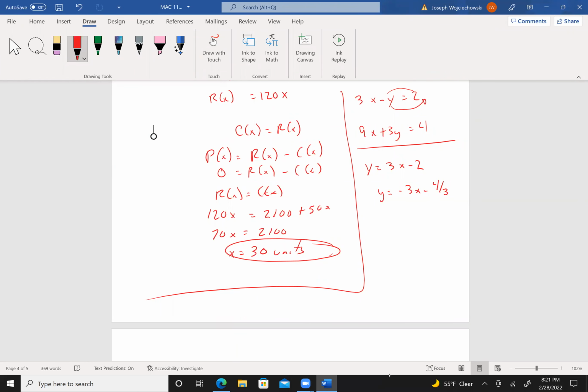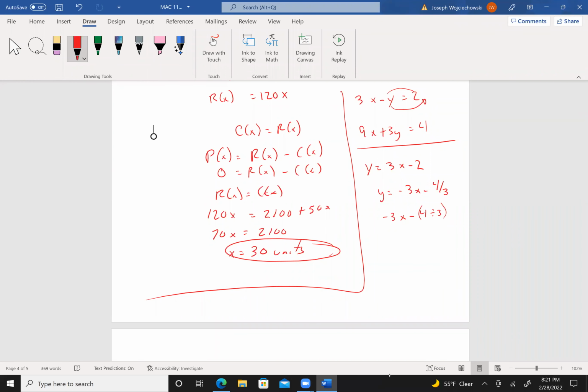Then minus, and just do 4 divided by 3 in parentheses. So write this as negative 3x minus 4 divided by 3. That way you don't have to worry about estimating. Then graph both the functions. Okay, and you should see where they intersect.